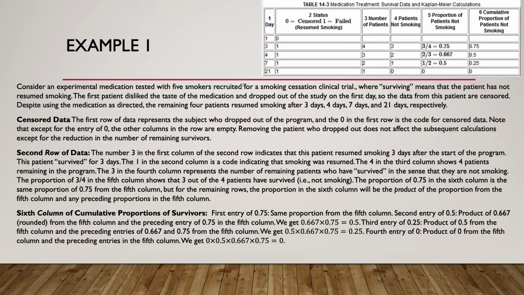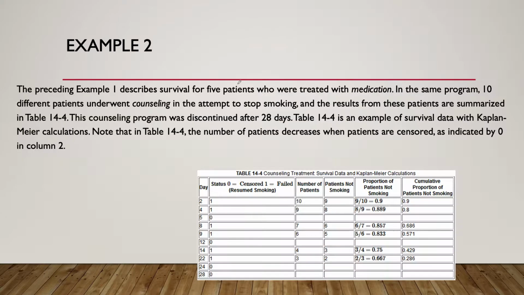When we multiply all those, 0.5 times 0.667 times 0.75, we get 0.25. The fourth entry of 0 is the product of 0 from the fifth column and the preceding entries in the fifth column: 0 times 0.5 times 0.667 times 0.75. And since we multiply by 0, as you could expect, we get a value of 0.